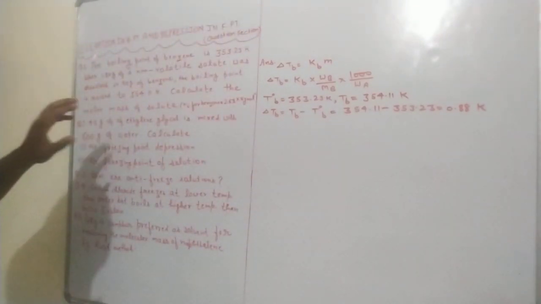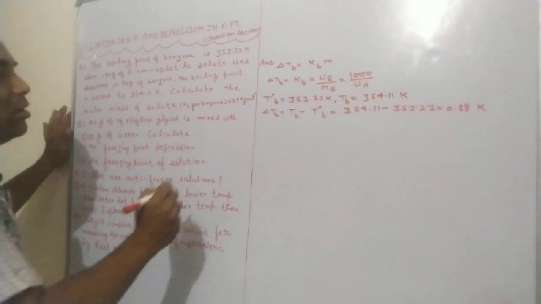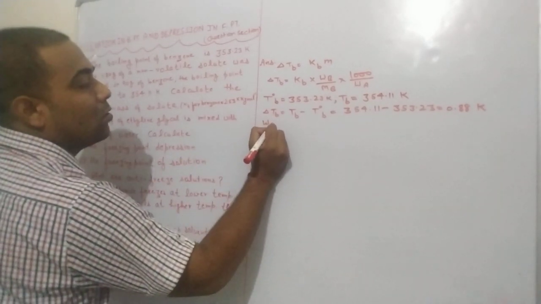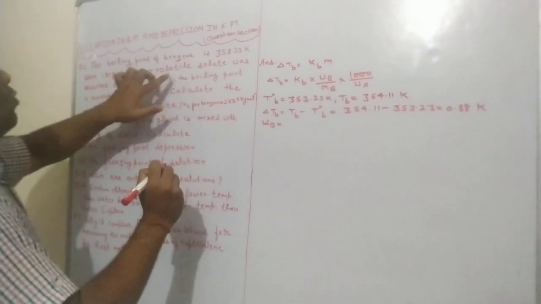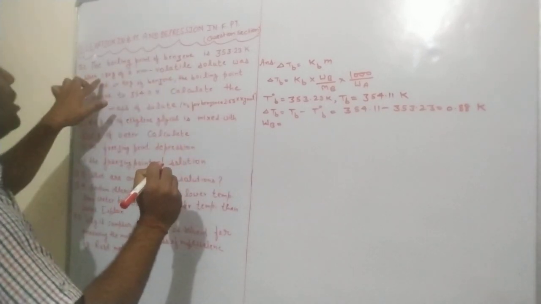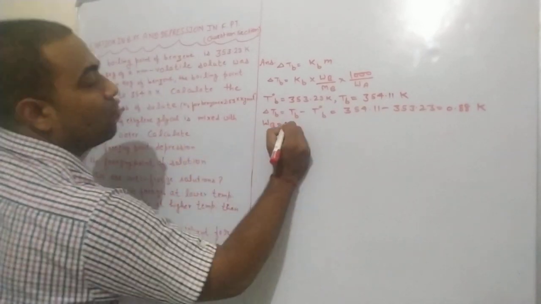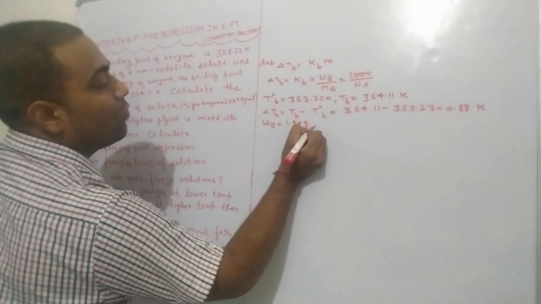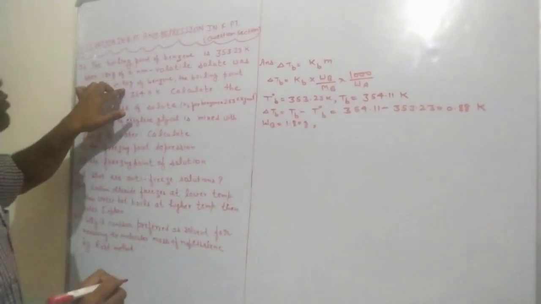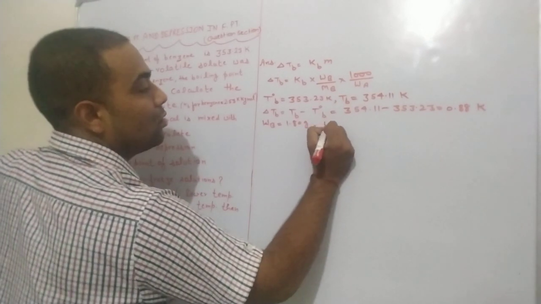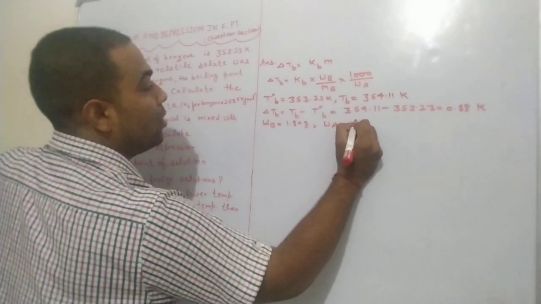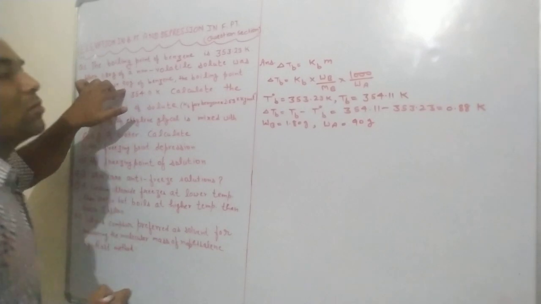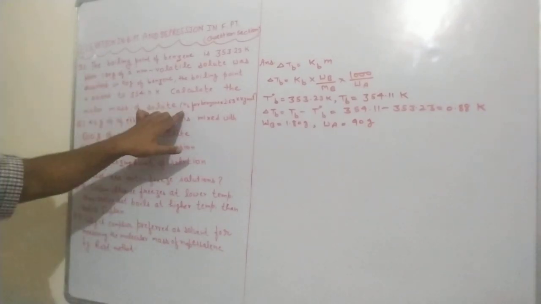Now what is the weight of solute given to us? Wb, that is, the non-volatile solute was dissolved in 90 gram of benzene. So 1.80 gram is our weight of solute, and benzene is our solvent, so Wa is 90 gram. Besides that, we are also given the Kb value.